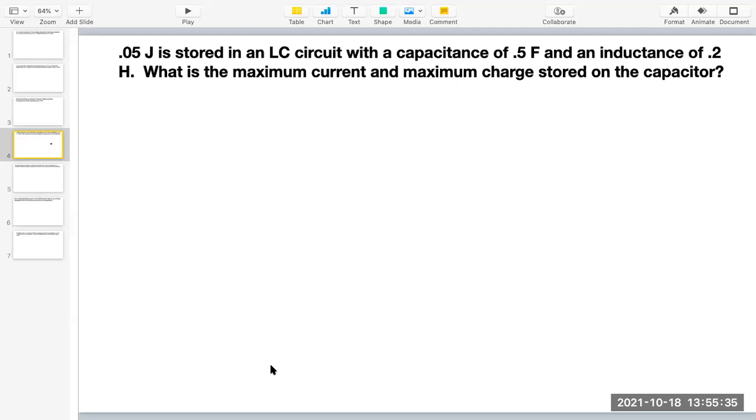So what will be the maximum current and maximum charge given the amount of energy there? The hint is for the maximal current, all of the energy will be in the magnetic field, so you'll have 0.05 joules stored by the inductor. And for the maximal charge, all of the energy is stored in the capacitor, so you have 0.05 joules on that capacitor.